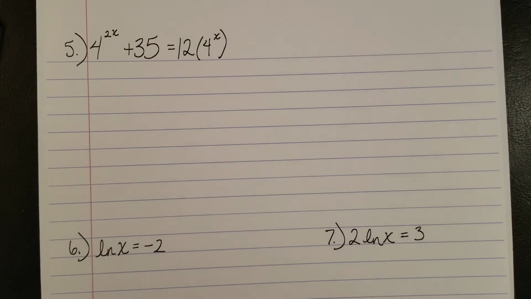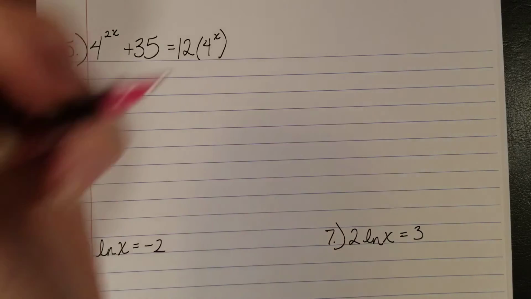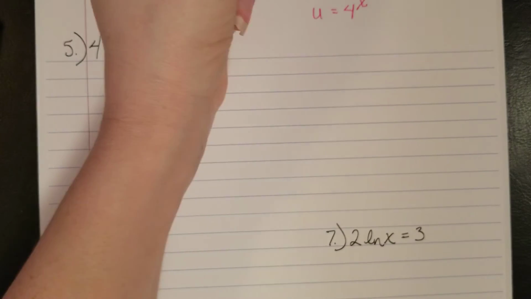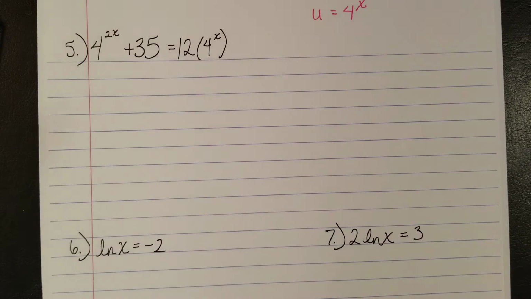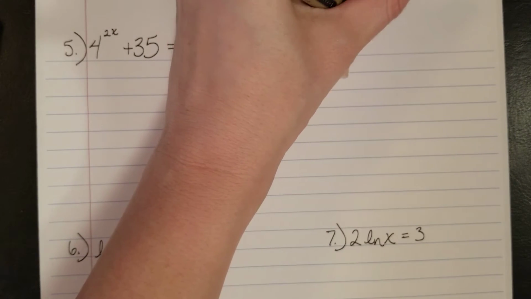Number 5 is going to be kind of similar. Instead of e to the x, we've got 4 to the x. So let's see. We will say that u equals 4 to the x, which means that u squared equals 4 to the 2x.